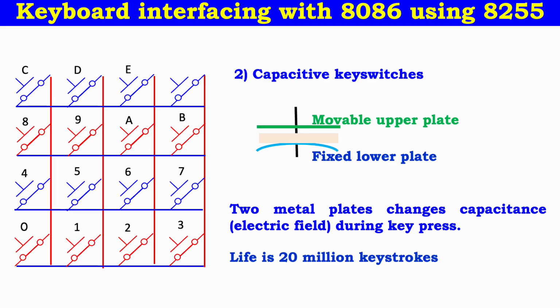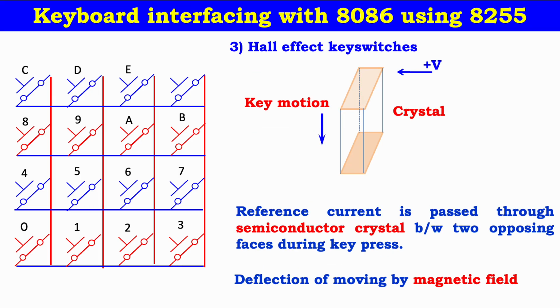The third type is the Hall effect key switch. A magnetic field effect is used to identify the key motion in the key switches. You can observe that a magnetic field is created as the voltage is applied. That magnetic field changes between the pressed and unpressed positions of the key. A reference current is passed through the semiconductor crystal, which creates a magnetic field, and this magnetic field is used for the deflection.